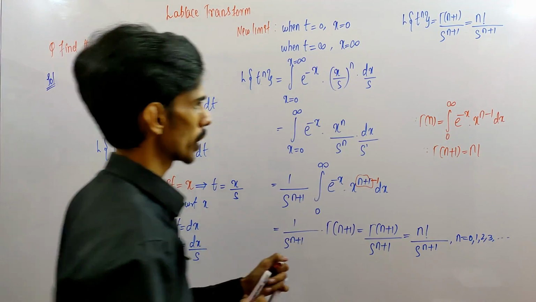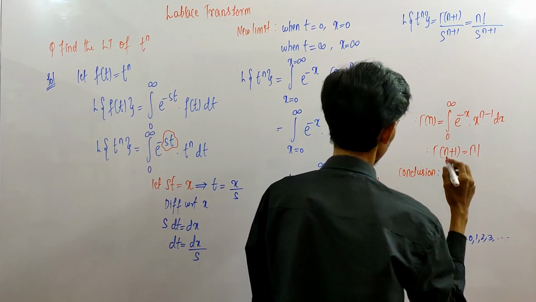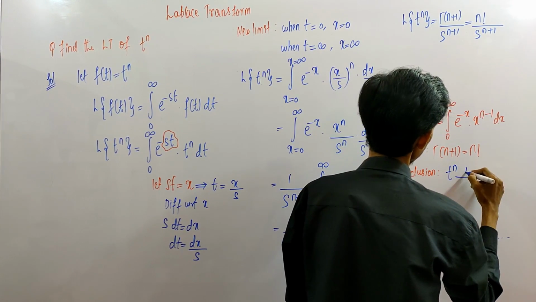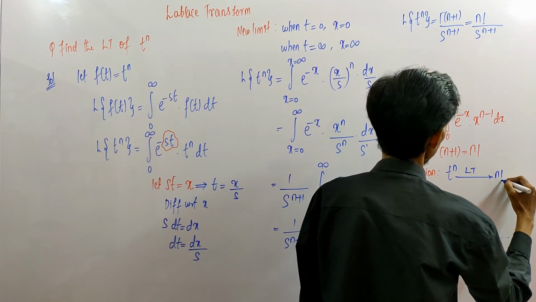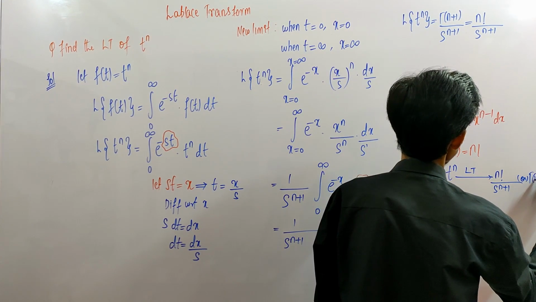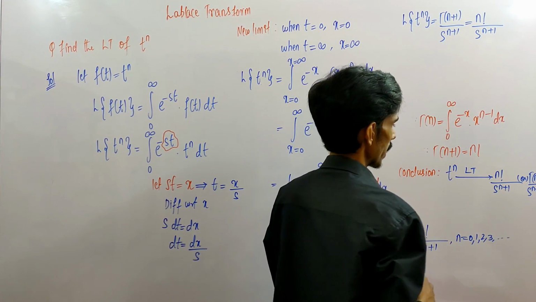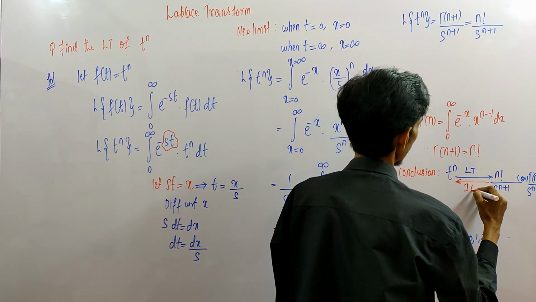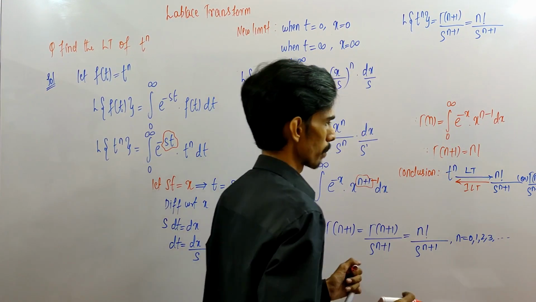Let me write down the conclusion. If we have a function t power of n, then the Laplace transform of t power of n is n factorial by s power of n plus 1, or gamma of n plus 1 divided by s power of n plus 1. If we take the inverse Laplace transform, ILT of this n factorial by s power of n plus 1, we will get t power of n.